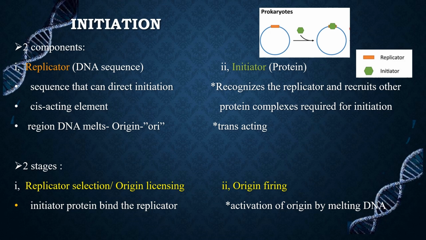The two major stages in initiation are replicator selection, or origin licensing, and the second one is origin firing. Replicator selection or origin licensing occurs when the initiator protein binds the replicator, and origin firing occurs by the activation of the origin by melting the DNA and by recruiting the helicases and other components required for initiation.